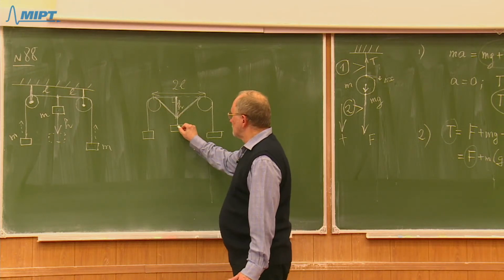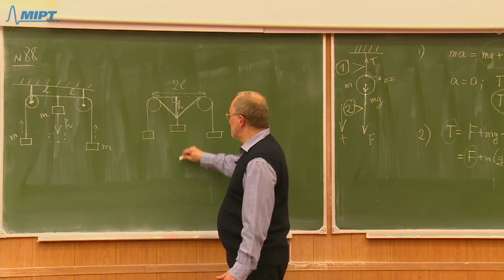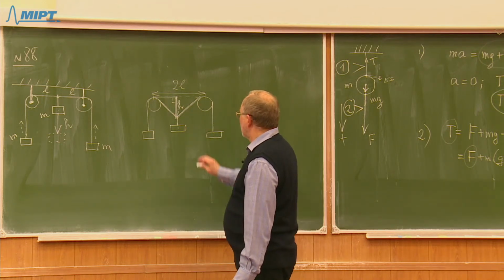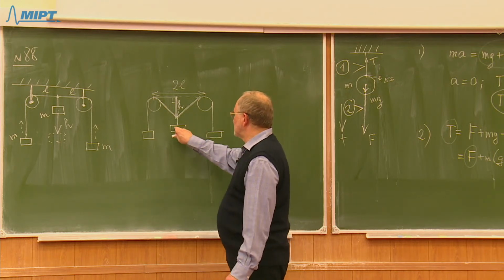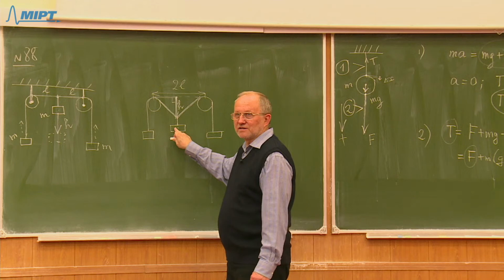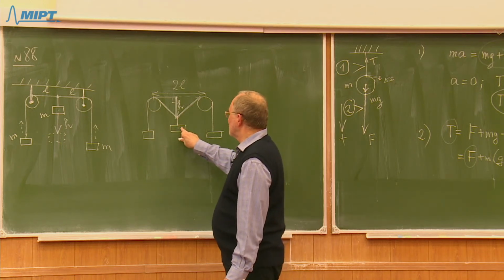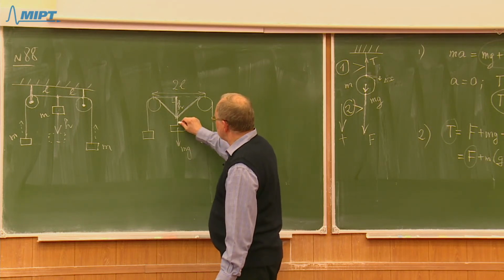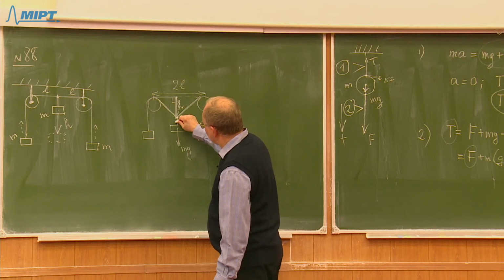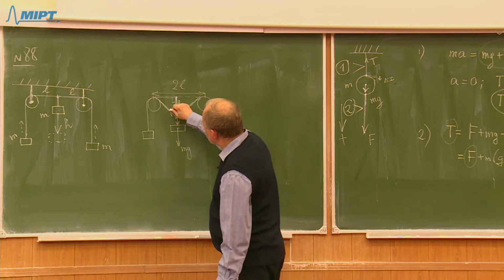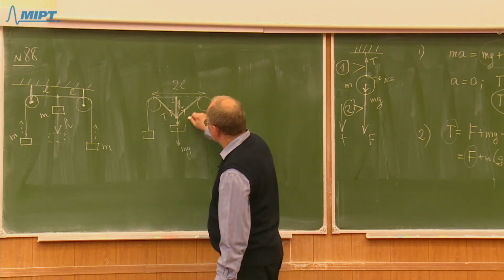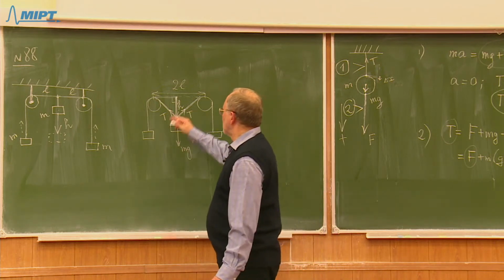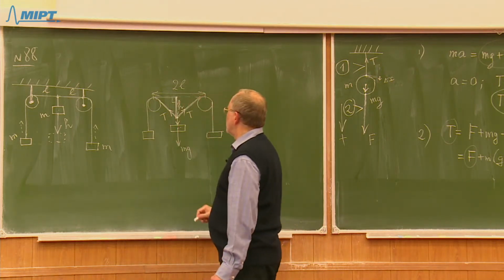Actually, this weight will finally be at rest after the oscillations have dampened, after some lapse of time. If it's at rest, then all the forces acting on it, the force of gravity mg and the forces of string tension applied here, must somehow balance each other so that this body is at rest.